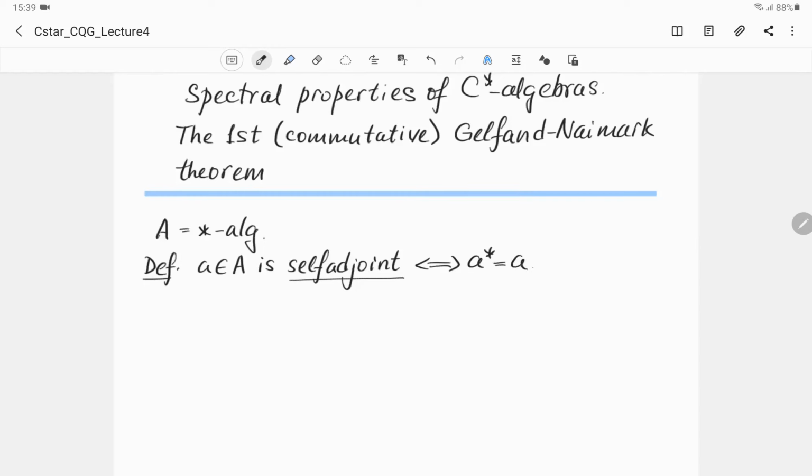Another name for such elements is Hermitian. A more general definition: we say that a is normal if a commutes with a star.